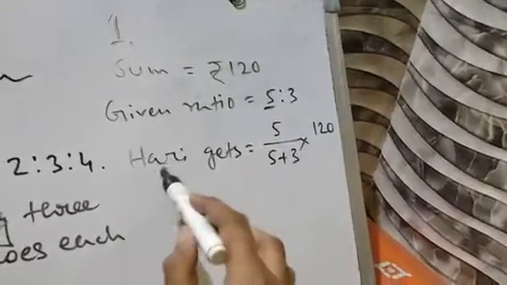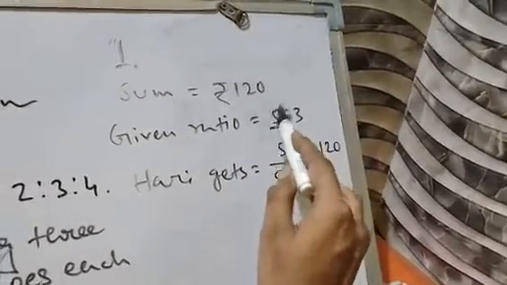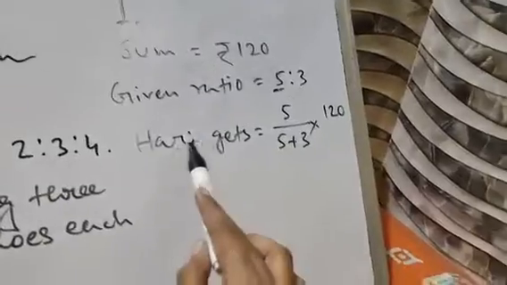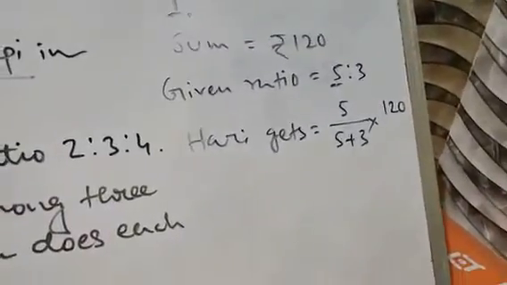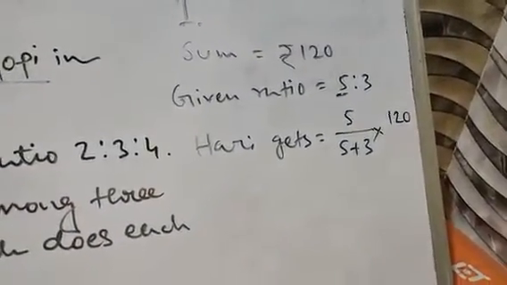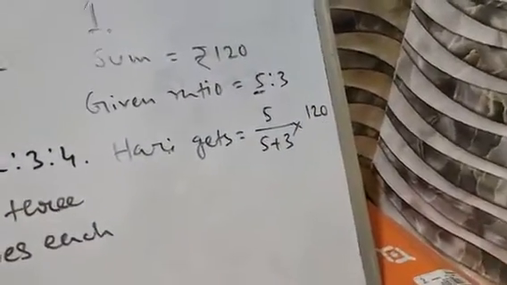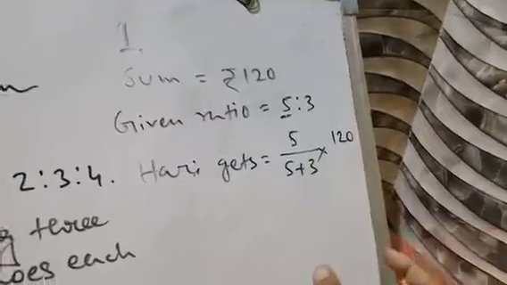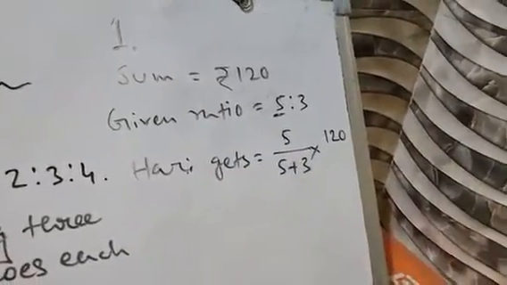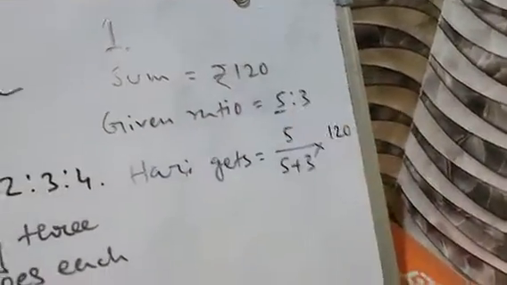So if Hari gets 5 rupees, then Gopi will get 3 rupees. So if you want to calculate the amount of money Hari receives, 5 will be in the numerator, and in the denominator just add the 2. That means Hari plus Gopi, 5 plus 3, into 120, because the sum 120 is given.